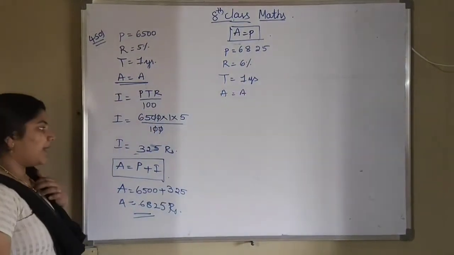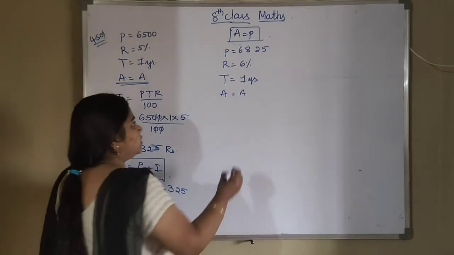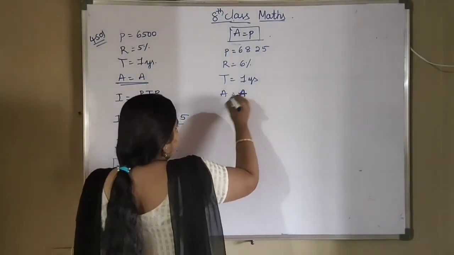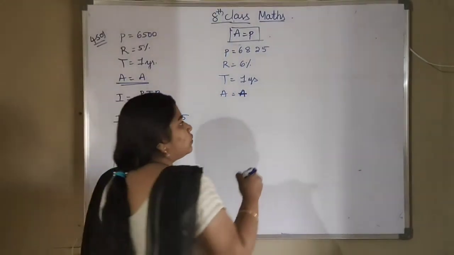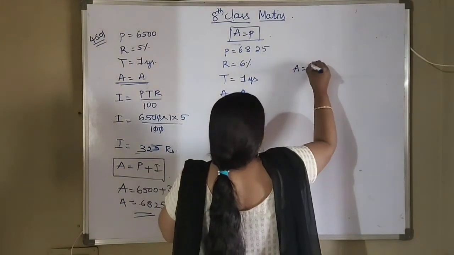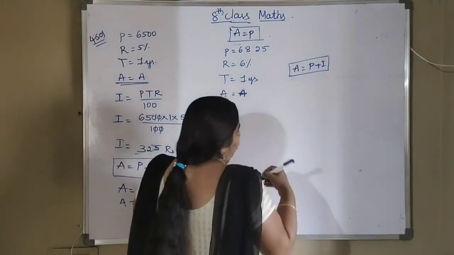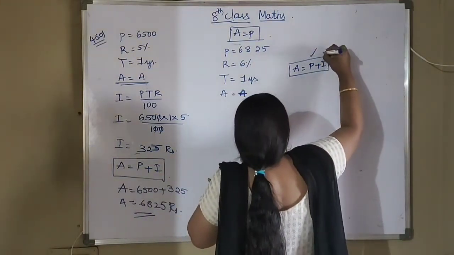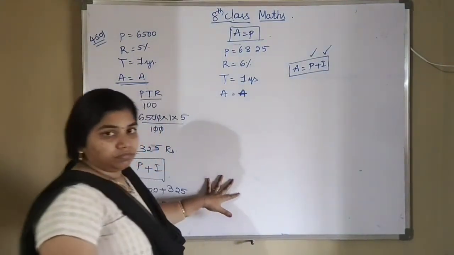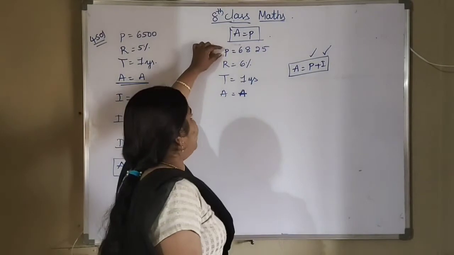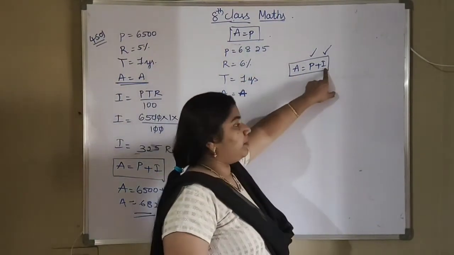Okay, so now again the same method. What we have to find is the amount value. The amount formula is P plus I. So if you want to use this formula, you want the principal value as well as the interest value. But we have the principal value, we don't know the interest value.